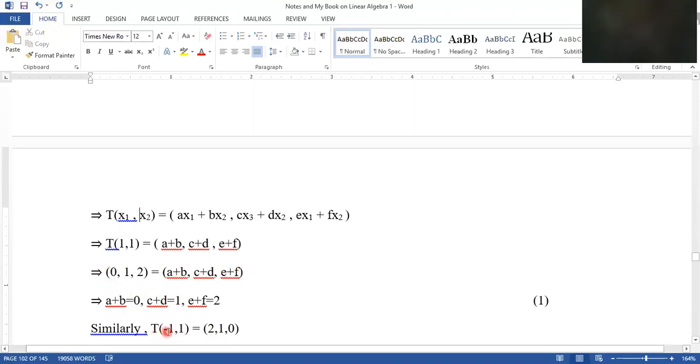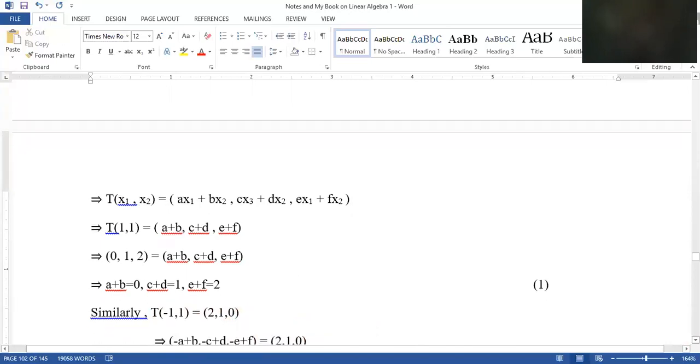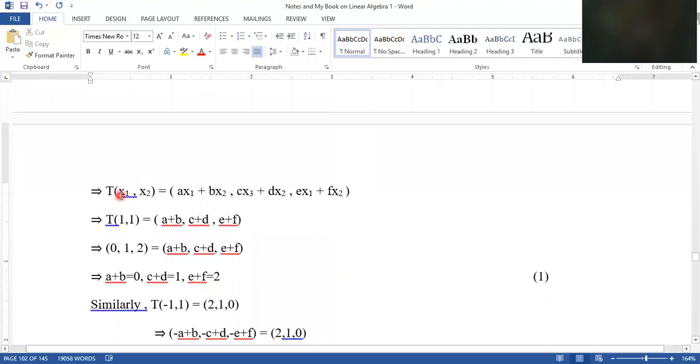Similarly, T of (-1, 1) maps to (2, 1, 3). That is, a two-dimensional element maps to a three-dimensional element. We do the same, putting -1 in the position of x1 and 1 in the position of x2.